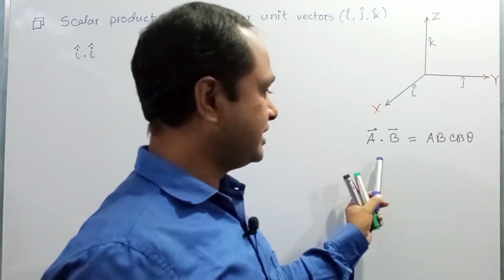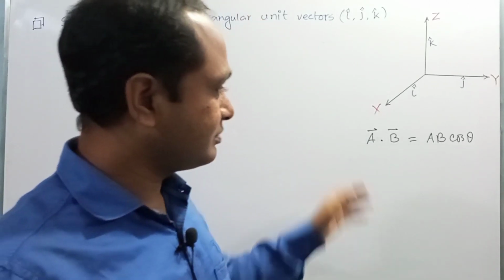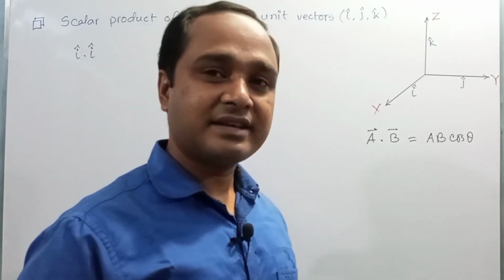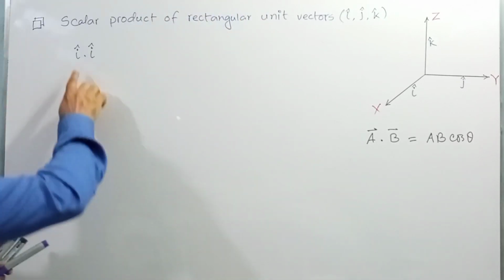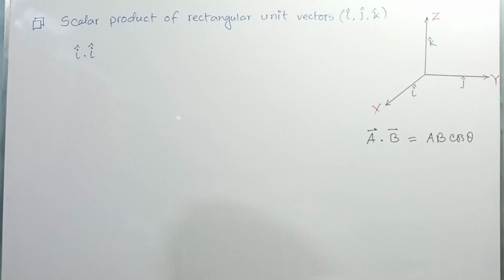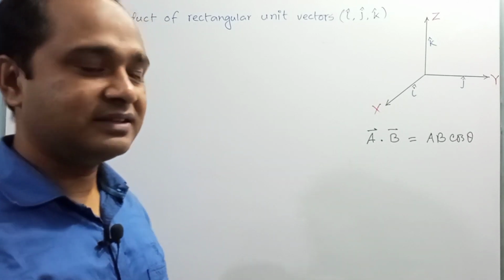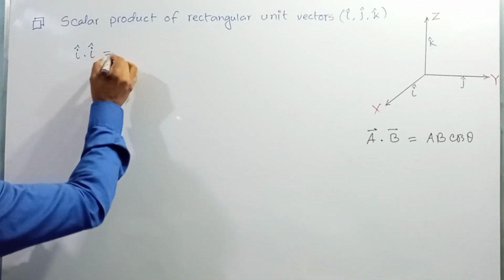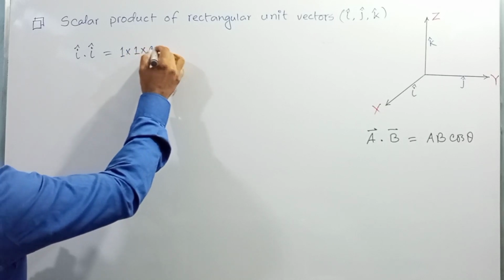According to the expression, the magnitude of a dot product depends on the magnitudes of the vectors and the cos of the angle between the two vectors. Here the magnitudes of the two vectors i and i are 1, both are unit vectors. So we can write that i dot i is equal to 1 multiplied by 1 multiplied by cos.